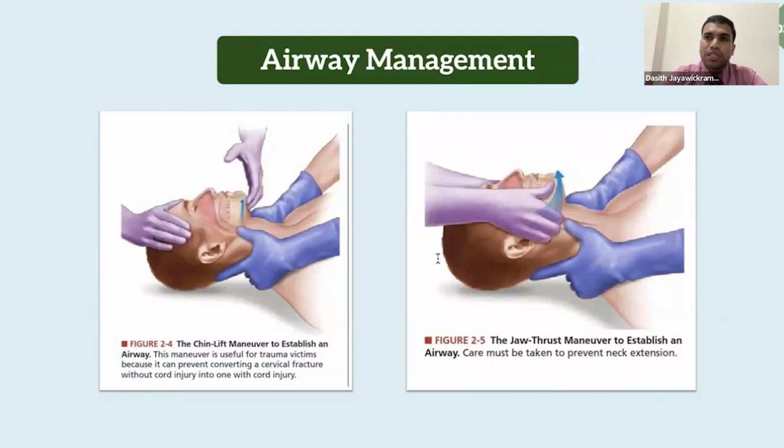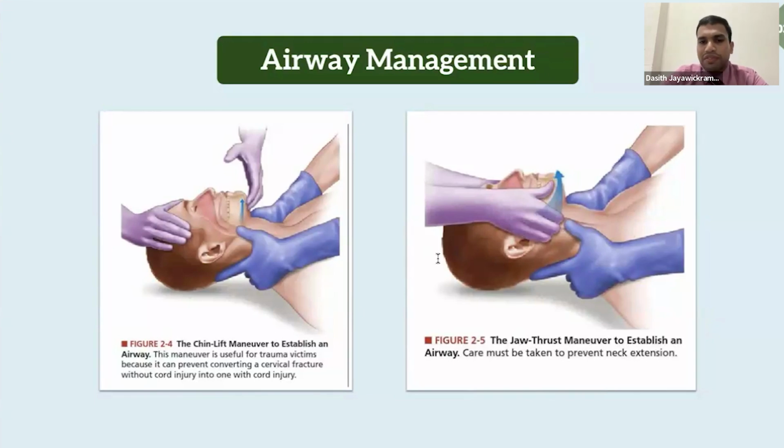You don't need to know exactly how to do the C-spine and airway maneuvers at the moment. For the MCQ part, just knowing these names will be enough: the chin lift and jaw thrust maneuvers.